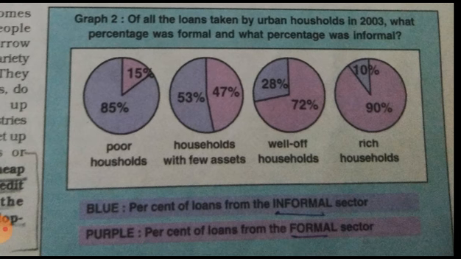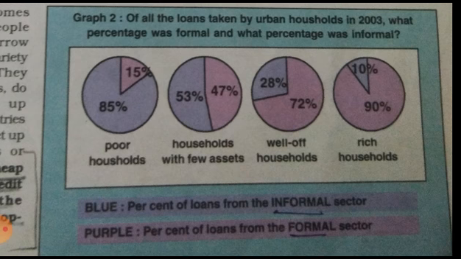72% of these people, because they have assets for keeping collateral in the bank, those who are well-to-do families, well-off households, approach the formal sector, that is 72. And only 28% of people go for credit to the informal sector.